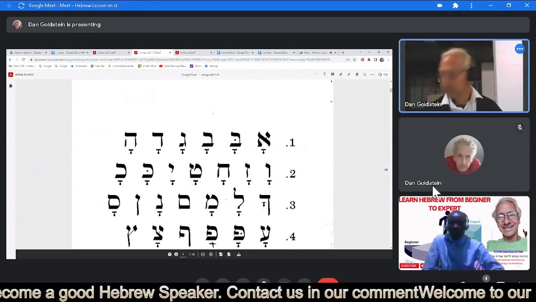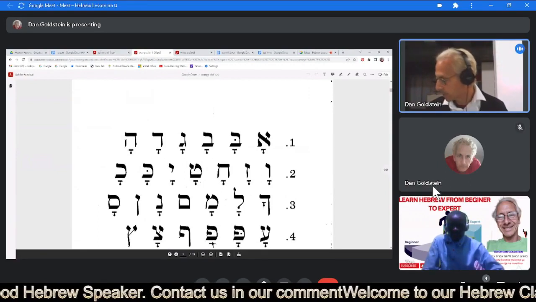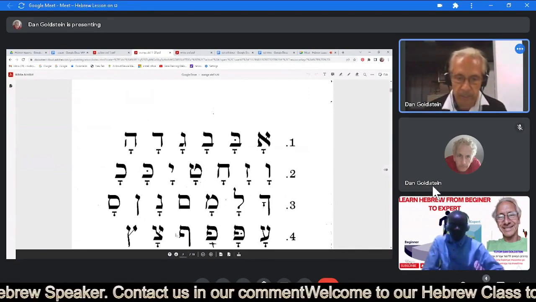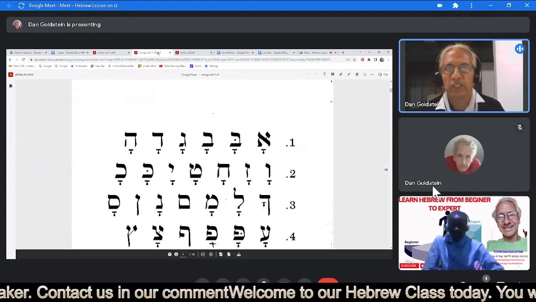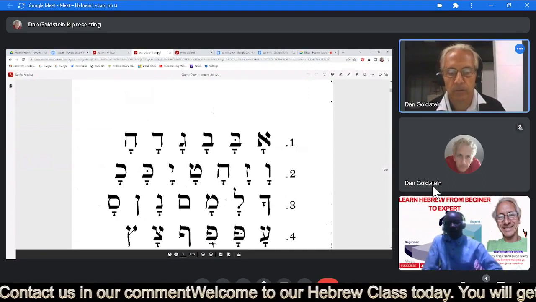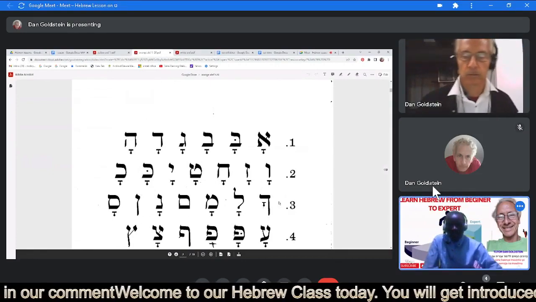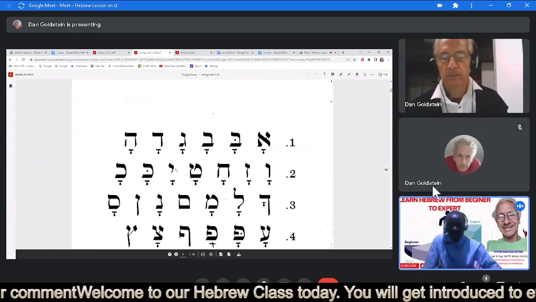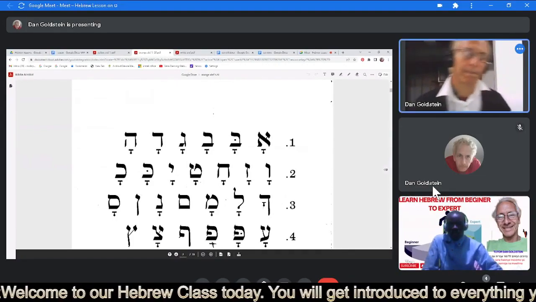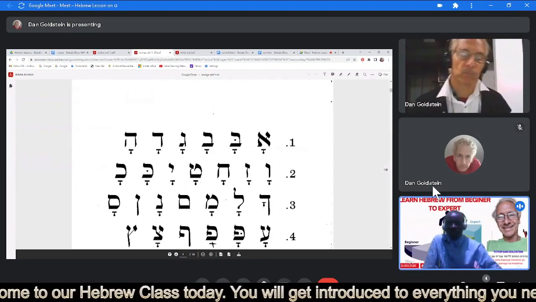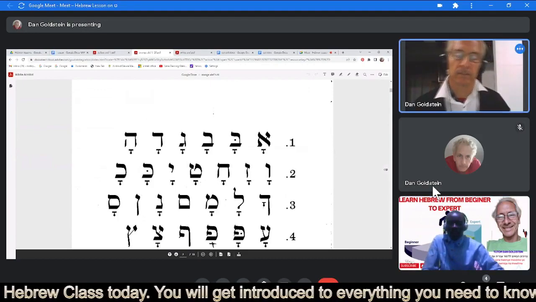Well done. We'll proceed now to consonants combined with the patach, which is also on this worksheet. I'm sorry. I'm trying to see the next letter after ta. It looks like the yud. Yes, please. It looks like it's somehow similar to the va. Yes.